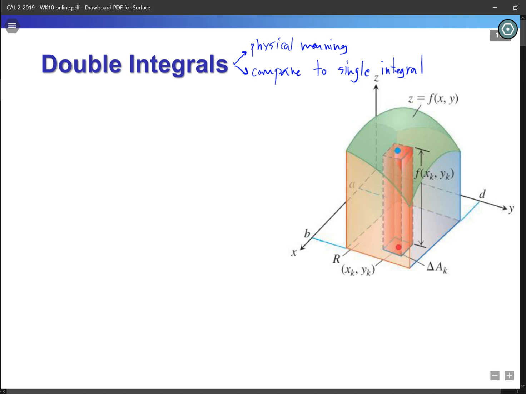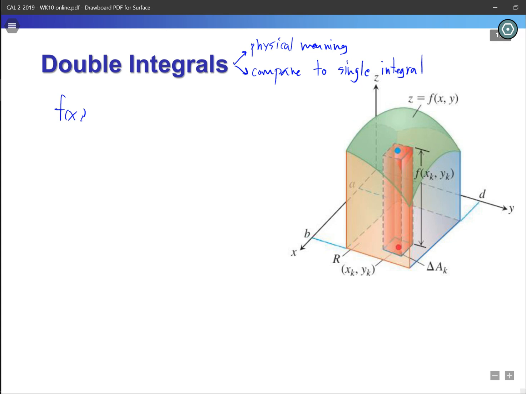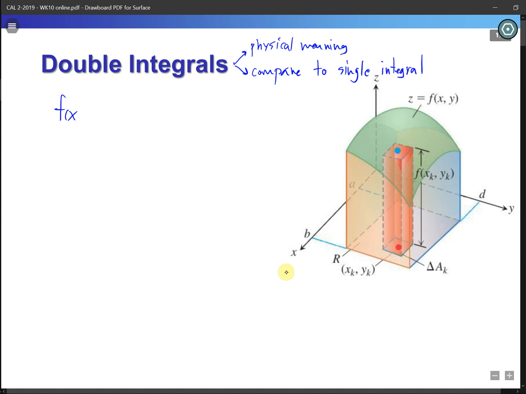When we did that, we mentioned the single integration of a single variable function f(x), and we integrate this.